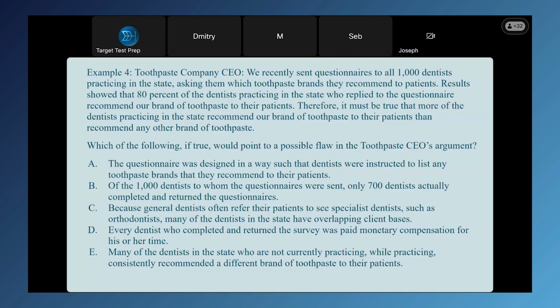I feel like any dentist would recommend both of those. Those are the two major toothpaste brands in the country. They're available everywhere. And so if this was one of them, brand A, and they were like, oh, 80% of the dentists who answered recommended my toothpaste, so that means more people recommend my toothpaste than any other brand of toothpaste.